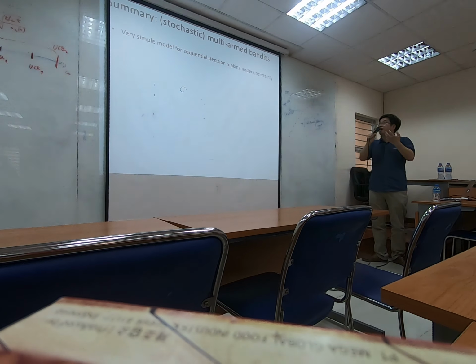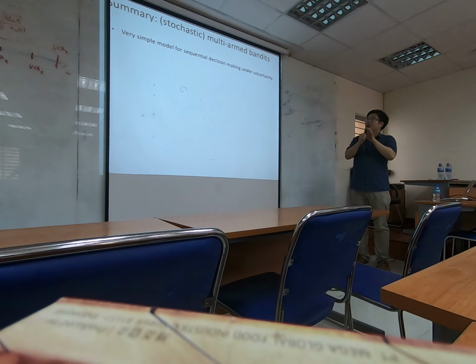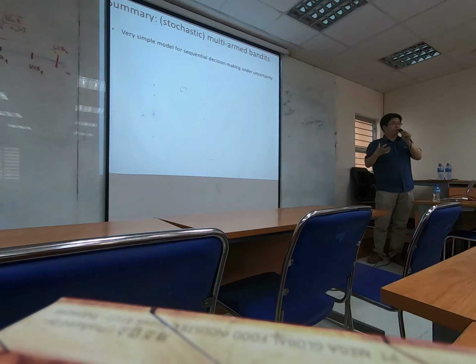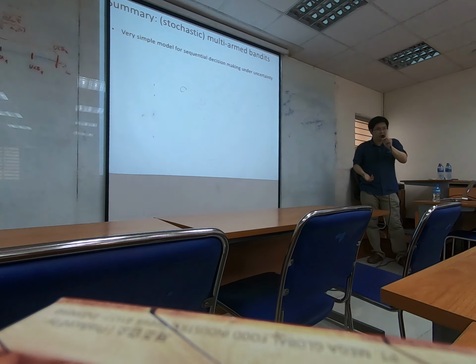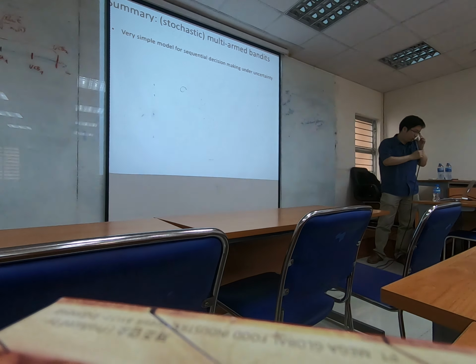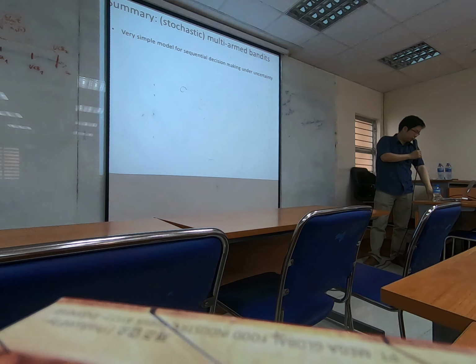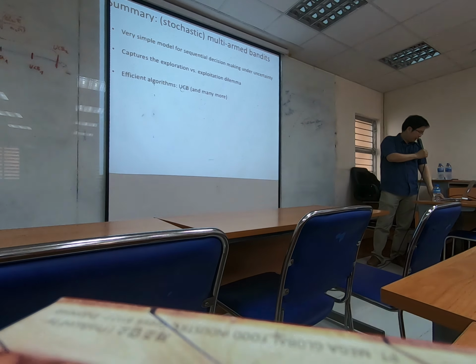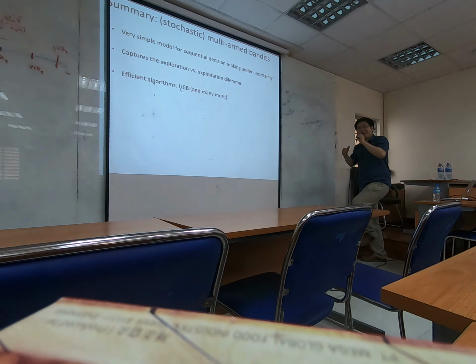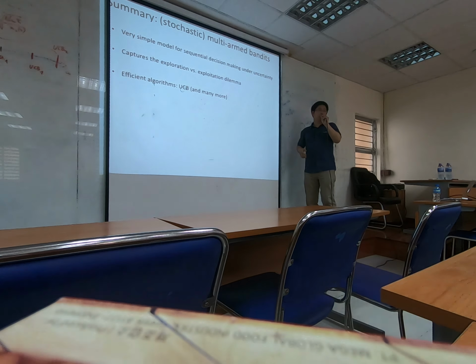The reason I started with the stochastic multi-armed bandits is that it's a very simple model, a seamless model, if you want to be bold, that can capture this exploration versus exploitation dilemma in decision making under uncertainty. Any algorithms which are designed for multi-armed bandits are typically very simple.